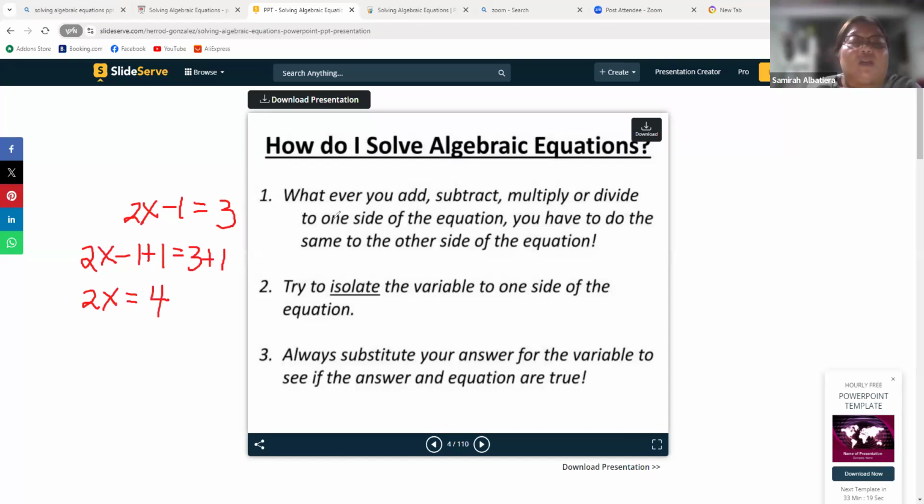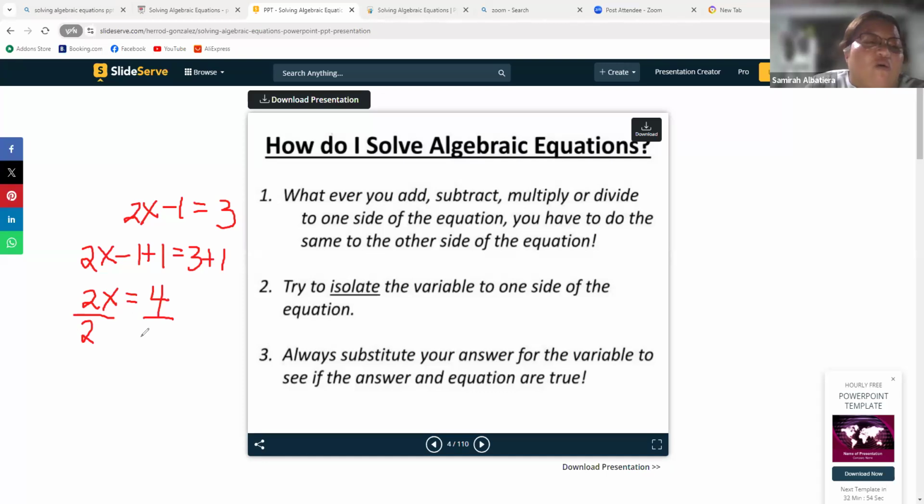According to the rule again, whatever we add, subtract, divide, or multiply to one side, we will also do to the other side. So make sure that what will remain on the left side will only be x. By that, we are simply going to divide by the coefficient 2.